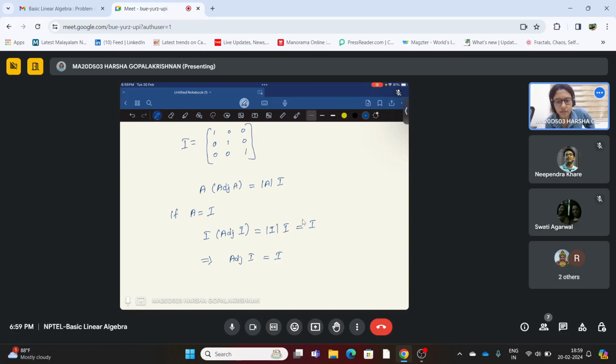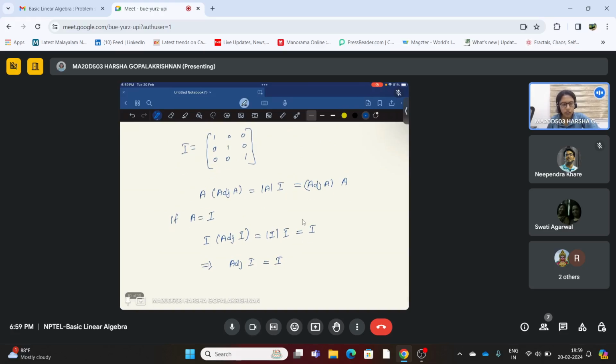Okay, is that clear? So we have this result here. This is what we are using, and it is a very important result while dealing with adjoints. Is that clear for everyone?